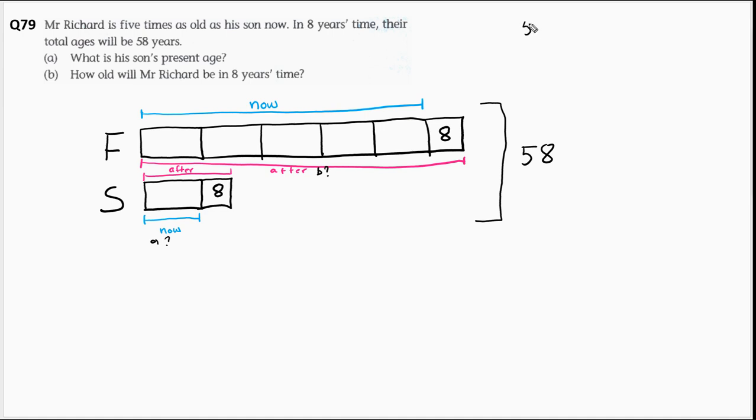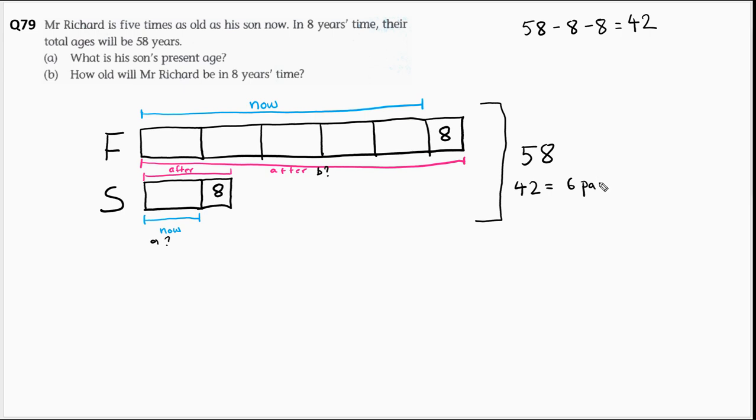So 58, take away 8, take away 8, or we could just say take away 16, obviously. So 58, take away 16 gives us 42. So 42 is equal to the 1, 2, 3, 4, 5, 6 parts.